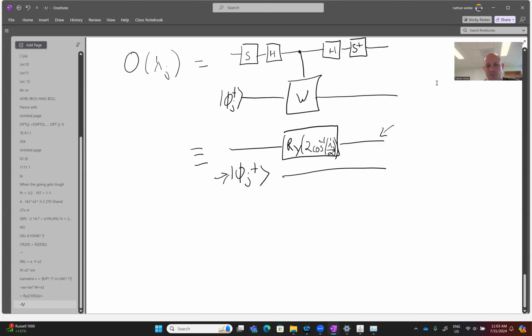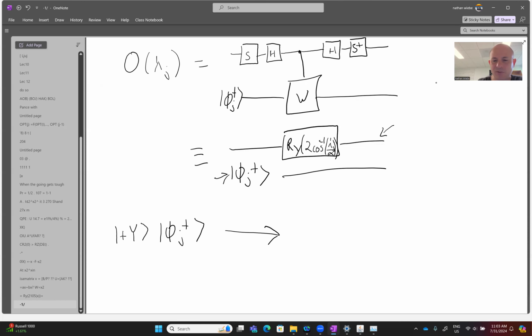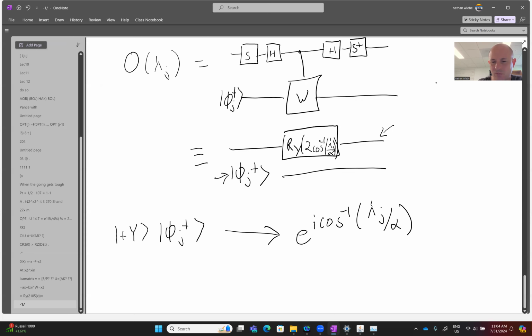So in particular, if I ended up having, say, a plus y phi j plus, this whole thing will end up getting us mapped to, by default, e to the I arc cosine of lambda j over alpha plus y phi j plus.